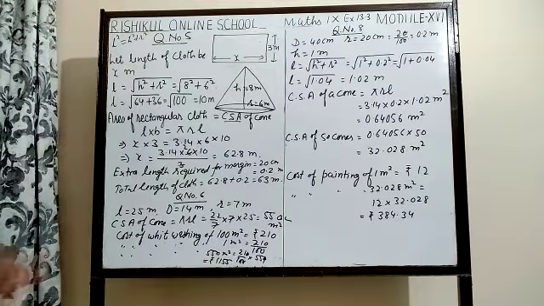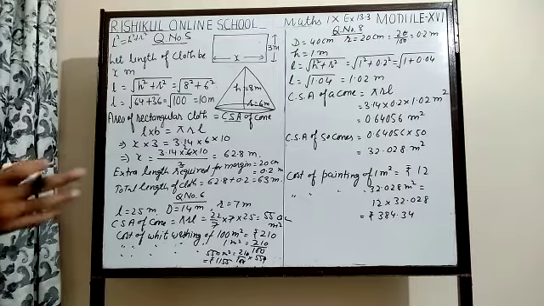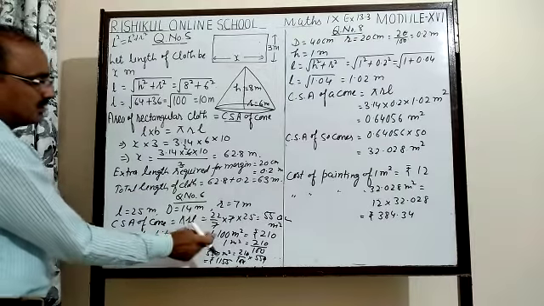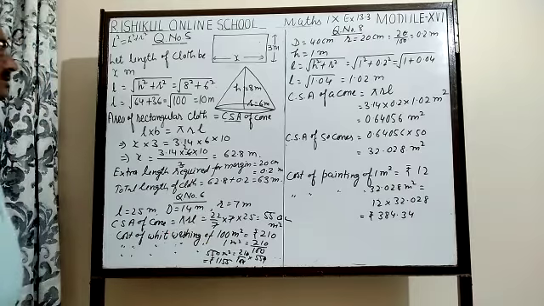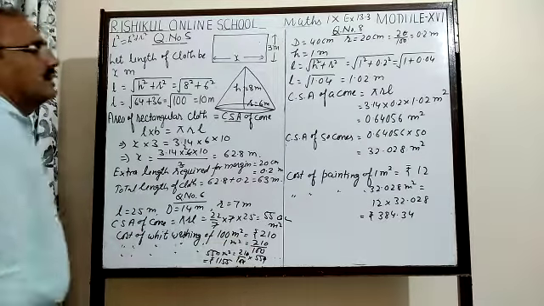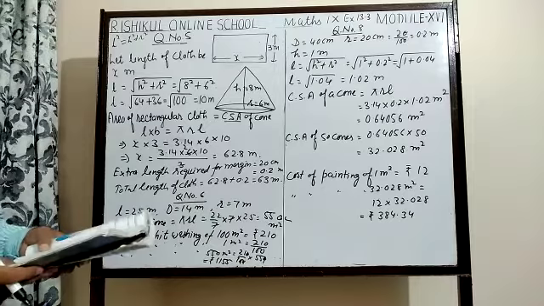Clear? So first of all you will find the curved surface area, and then you will apply the unitary method, because it is given that the cost of 100 square meter is 210, and you have to find it for 1 and then for 550.